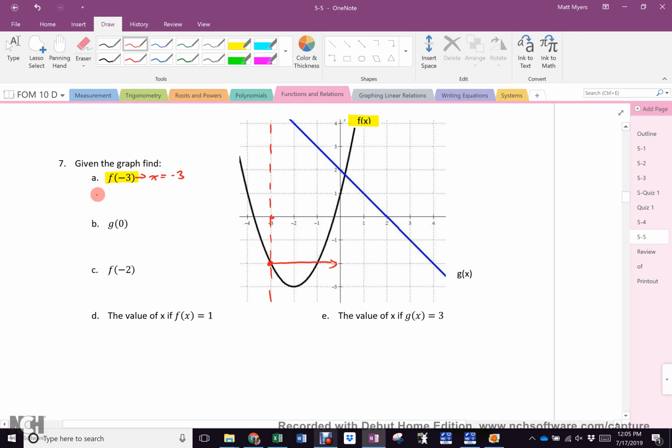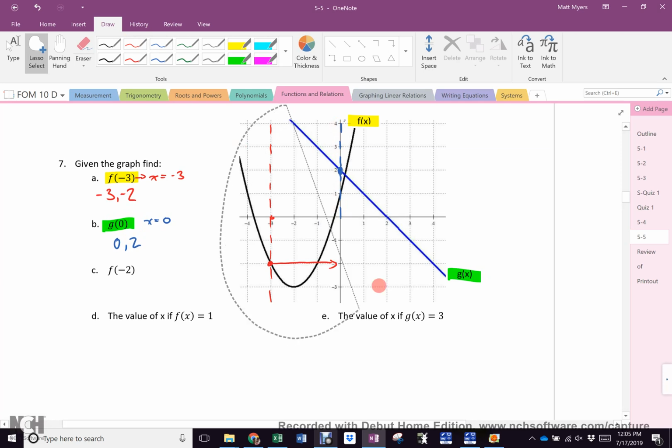So the point on the graph is (-3, -2). This is on the G curve, which I will highlight green. On the G curve, x equals 0, so I go to where x is 0. It is right here, and I see there is where it crosses the G curve, so it's (0, 2).